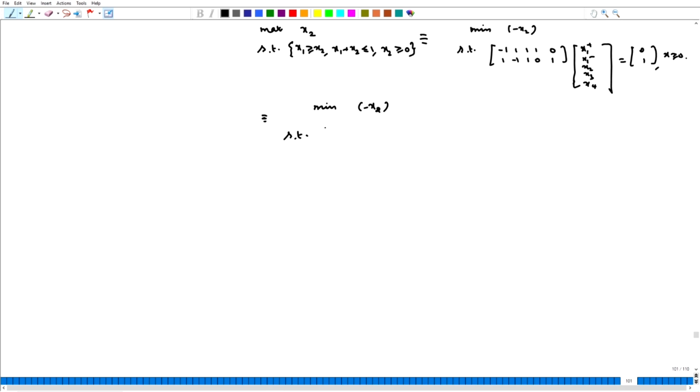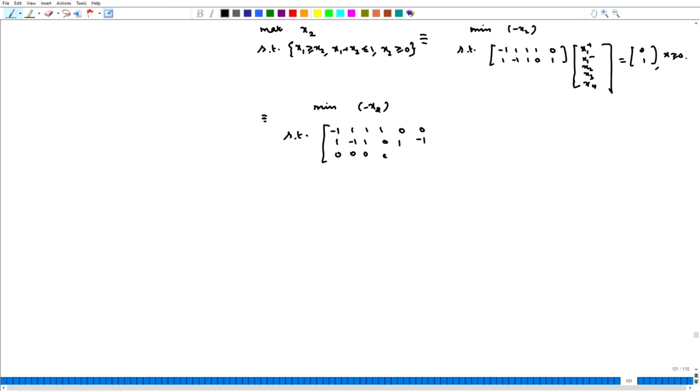The canonical form turns out to be, so you will have 3 rows. One is minus 1 1 1 1 0, next is 1 minus 1 1 0 1, and x5 needs to be added, so this is 0 and this becomes minus 1.